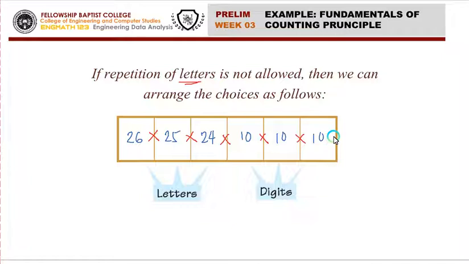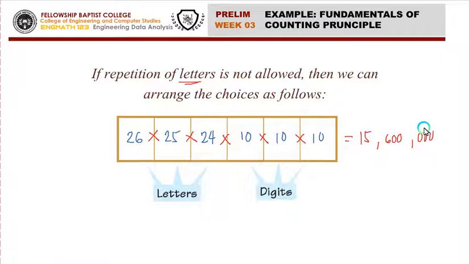So we have 15,600,000. Okay, so we have seen the difference if we have repeated possible digits or letters, for example.